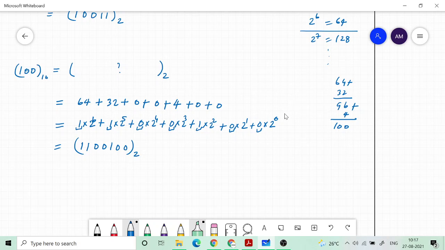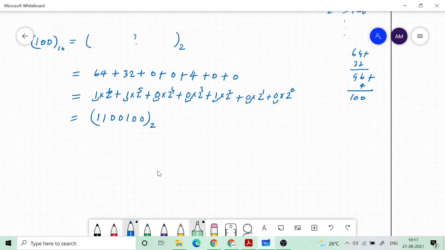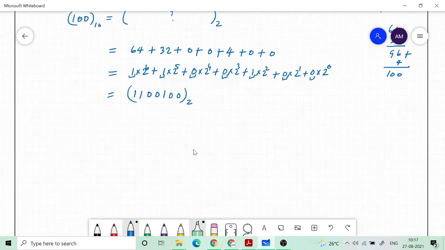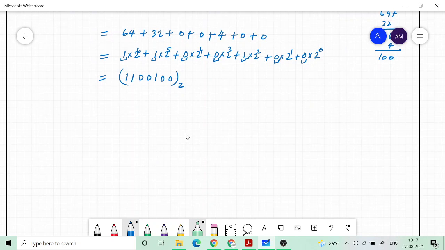Now you can also look at this in the form of a puzzle, and the puzzle is like this: I am imagining a number in my mind which is somewhere between 0 and 255, in this range.